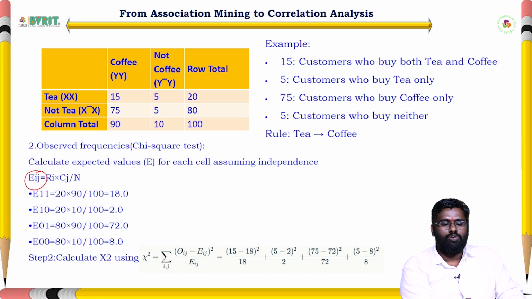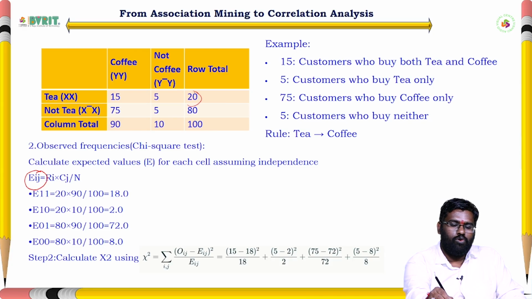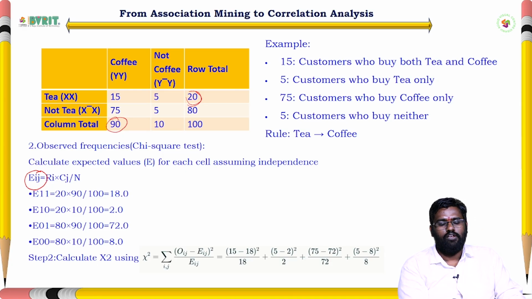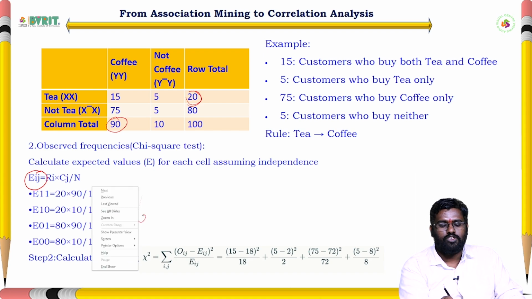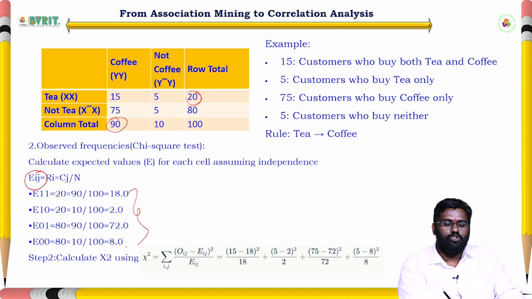So row total 20 times column total 90 divided by 100, that is for first row, first column. Then similarly for the other cells.